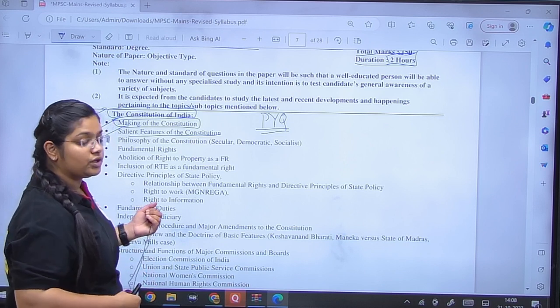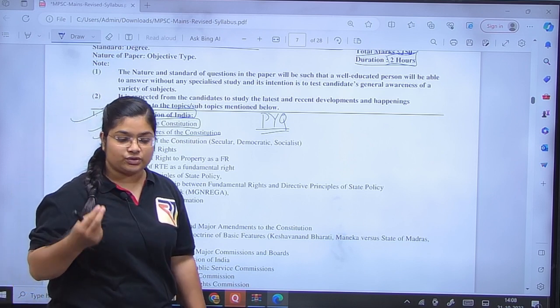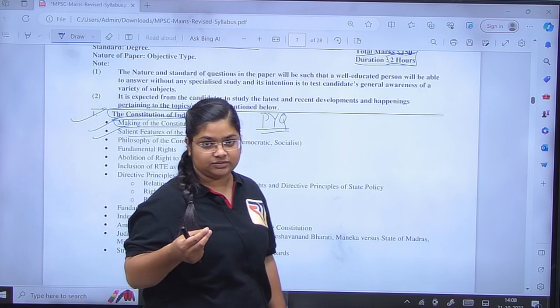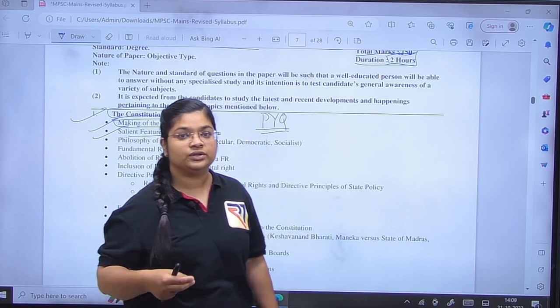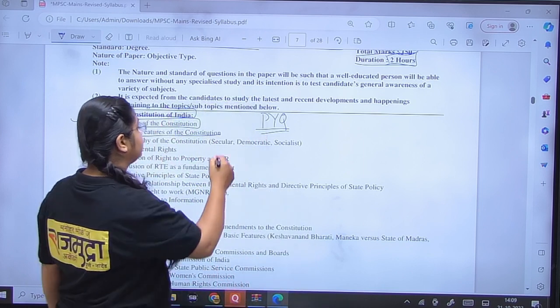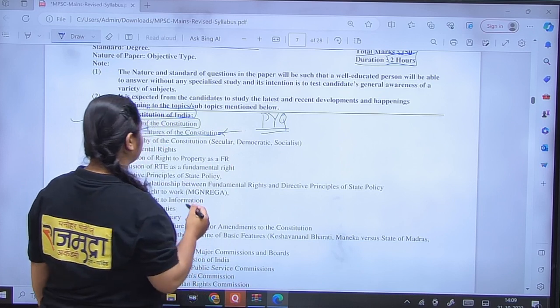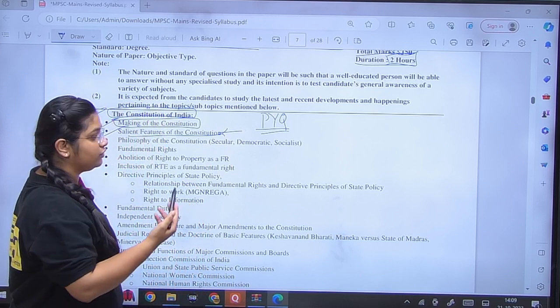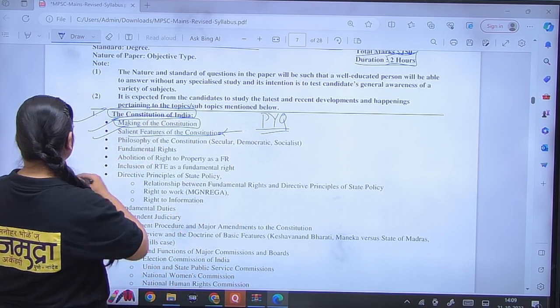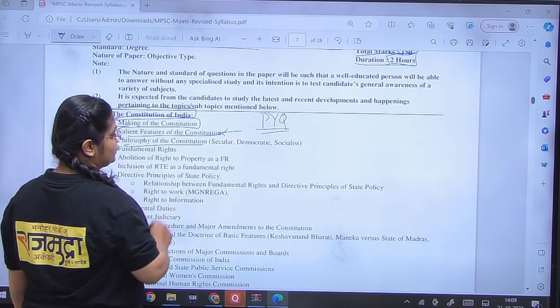Ours is the biggest written constitution in the world, and there are so many other aspects. So what are the salient features of the Constitution? The third point is the philosophy of the Constitution.